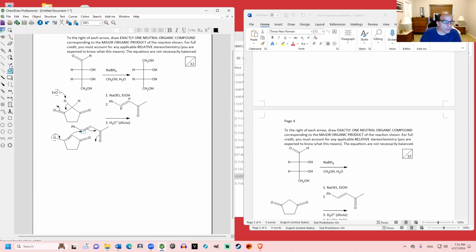That's where the new bond goes. This is the part where it's very easy to lose a carbon if you're not careful. I've made that mistake many times. Let's see, that's the new bond.